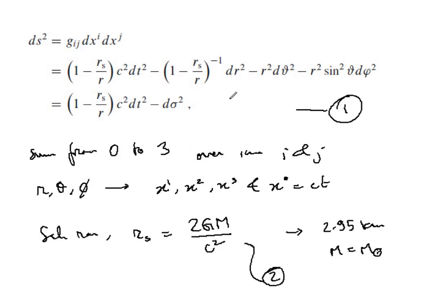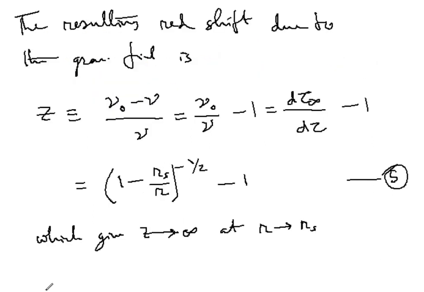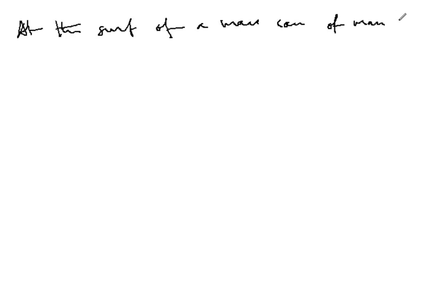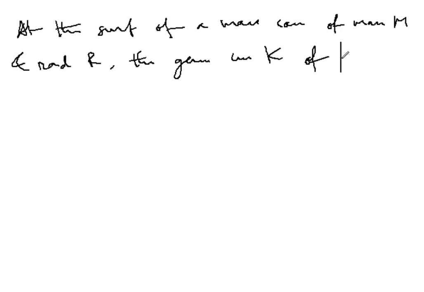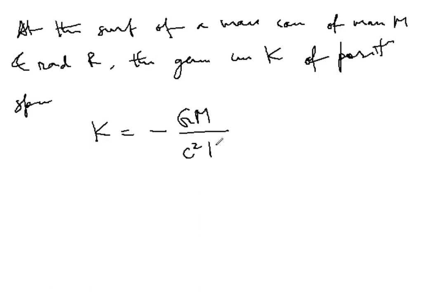Now at the surface of a mass configuration of mass m and radius r, the Gaussian curvature, denoted by k, of position space, can be written like this: GM by c square r cube.